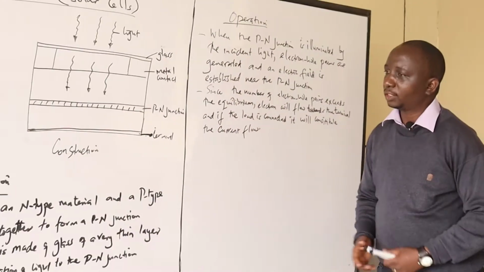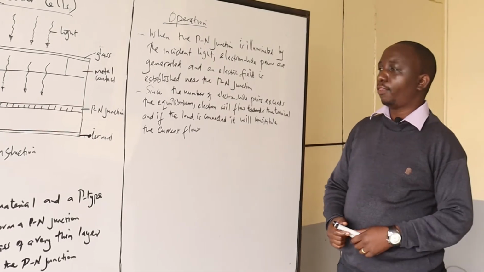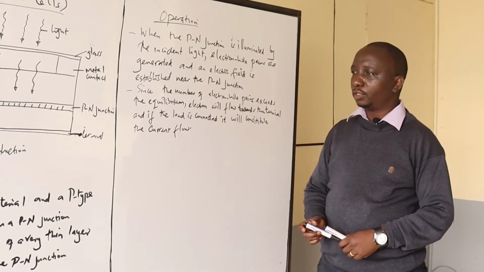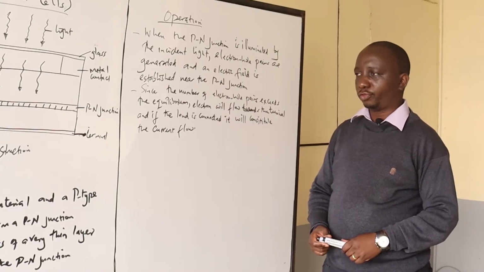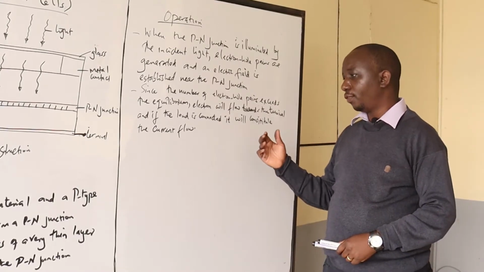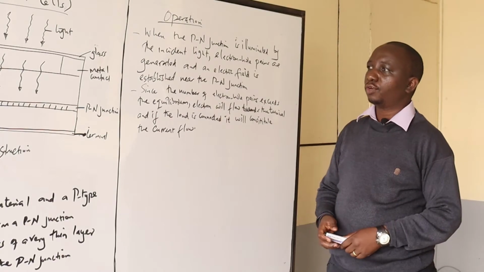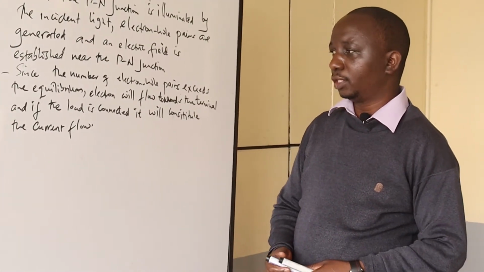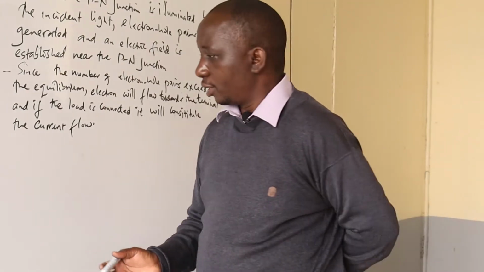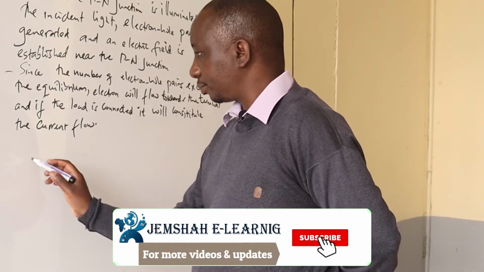What you need to understand is that the approximate size of each cell is 1.5 volts, and for us to increase the capacity of the panels, there's a way in which we are supposed to connect them.